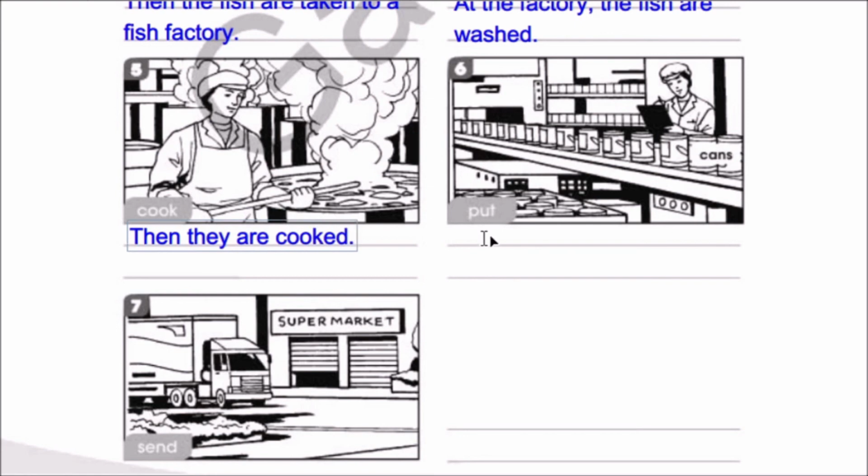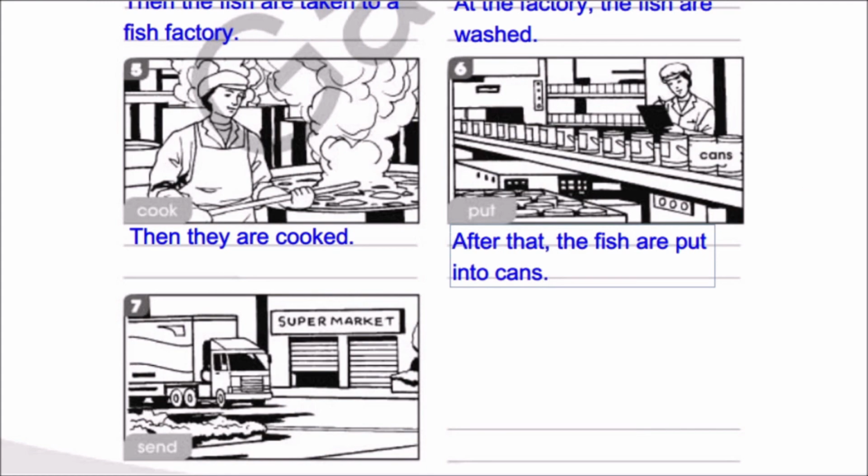And here we have put. We say after that the fish are put into cans. Very good.